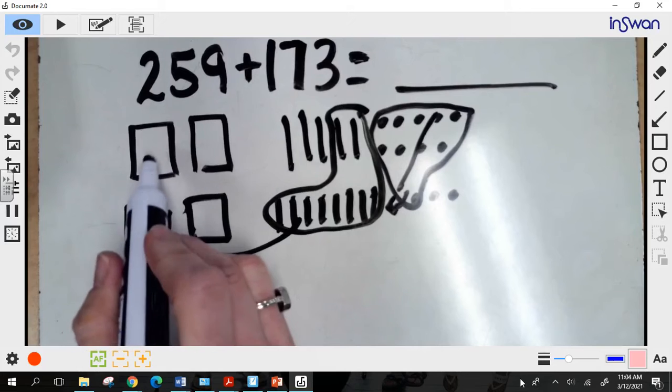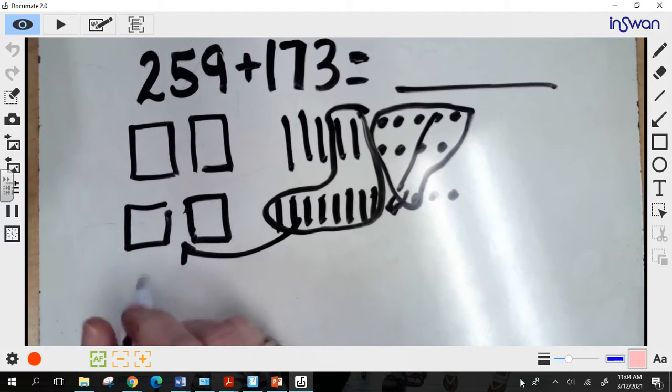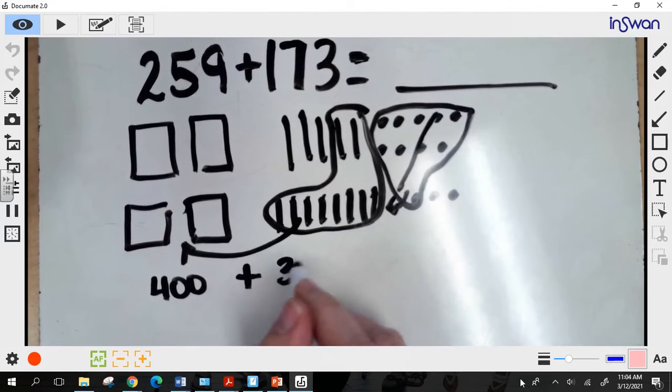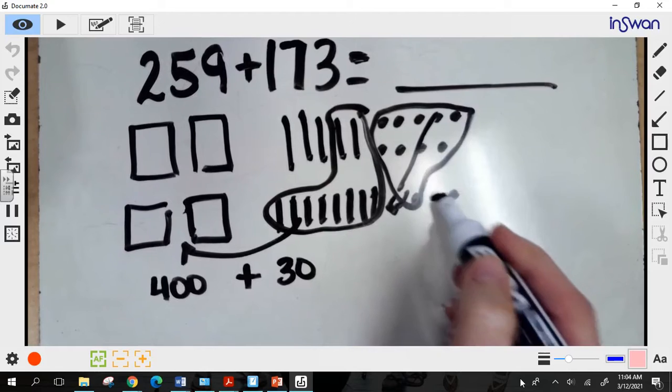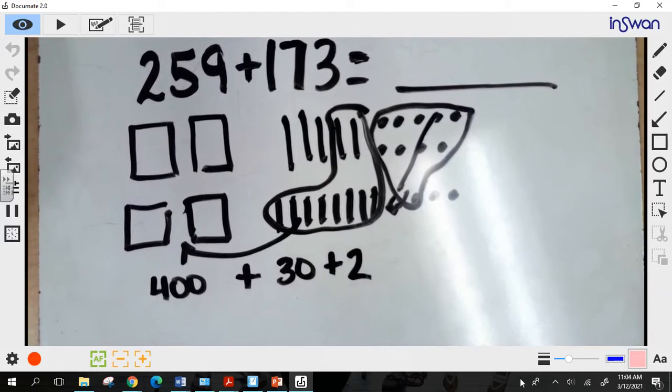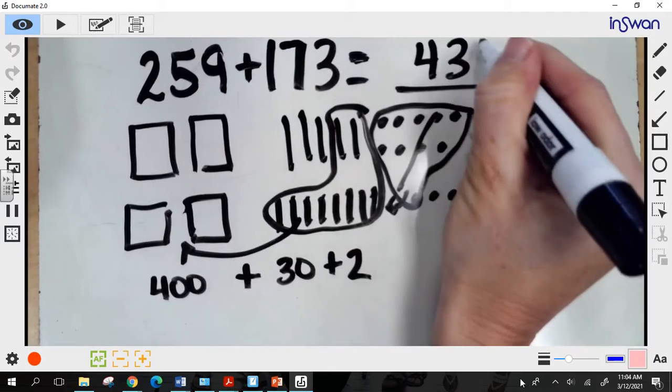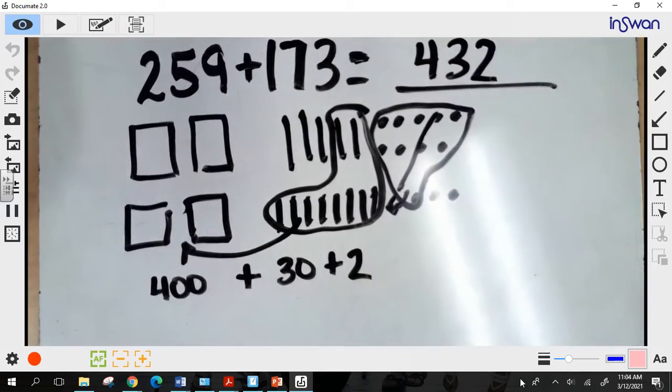So look what we have left. 100, 200, 300, 400. 10, 20, 30. And then 1, 2. So that makes 432. Make sure you have this in your journal.